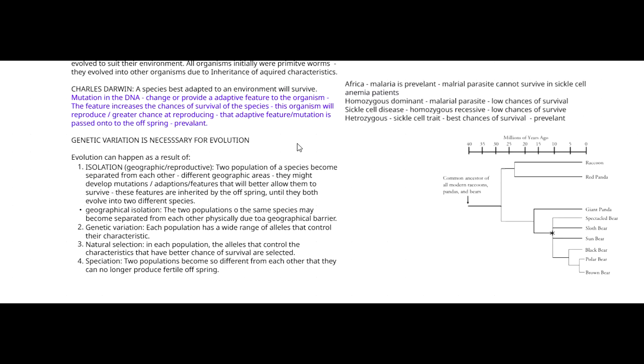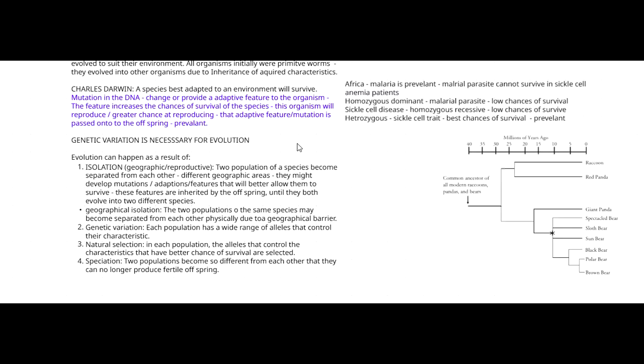As you know, we have genetic variation. Genetic variation means that we have a wide range of alleles that control different characteristics. In each population, only those alleles will be selected which help the organisms to survive and breed successfully.